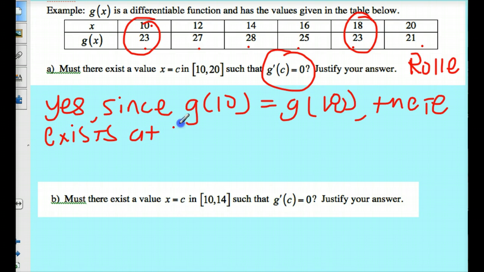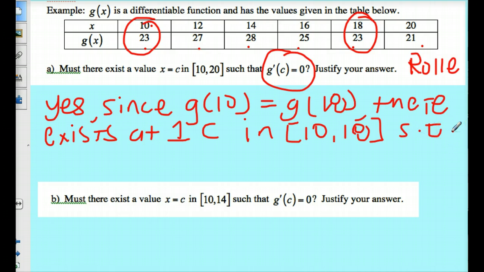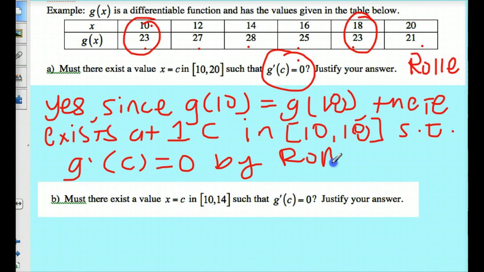We don't know if there's more than one, but we know there's at least one c in between 10 and 18, because that's where we know this happens, such that g prime of c is equal to 0, which is the condition that we're looking for. Then we have to say what we used: Rolle's theorem. Okay.